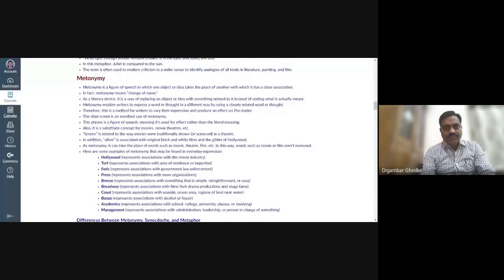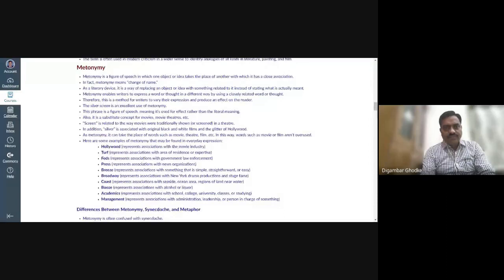Now we shall go ahead with another term which is just like metaphor, which is often confused with metaphor, I can say. Metonymy. Metonymy is one more figure of speech in which one object or idea takes the place of another. It is not simply comparison. It takes the place of another with which it has a close association. Of course, metaphor also finds this close association.